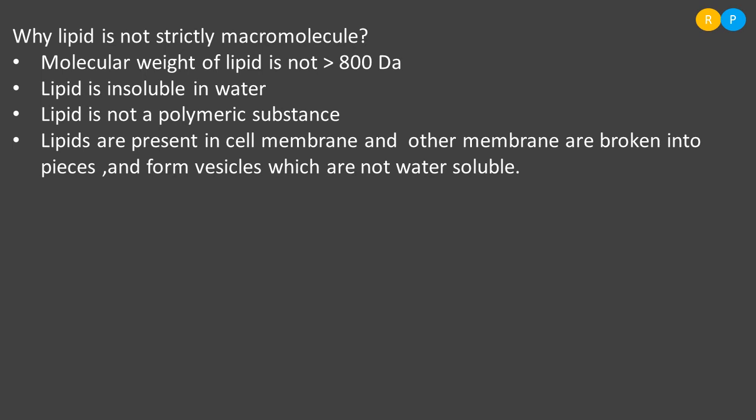So because of this, it remains in the acid insoluble pool together with the other macromolecules. Right? So this is the main reason why lipid is present in the acid insoluble pool even though it is not a macromolecule. Understood, children?